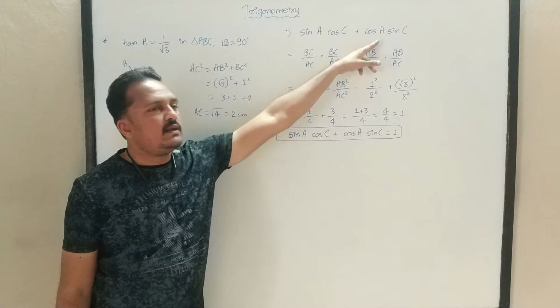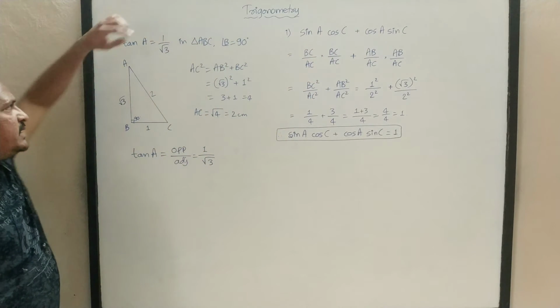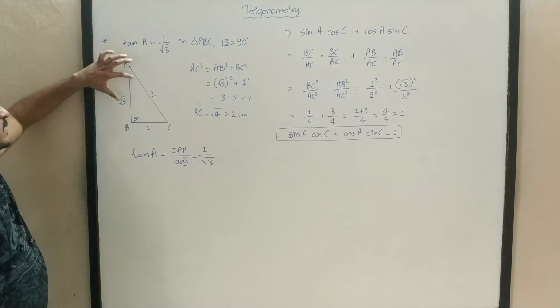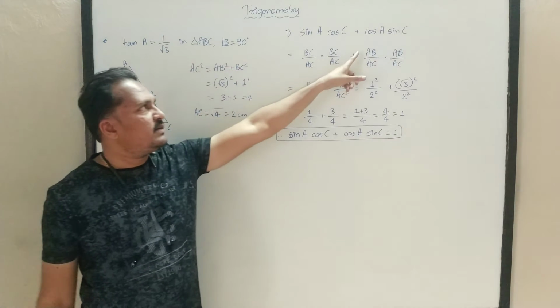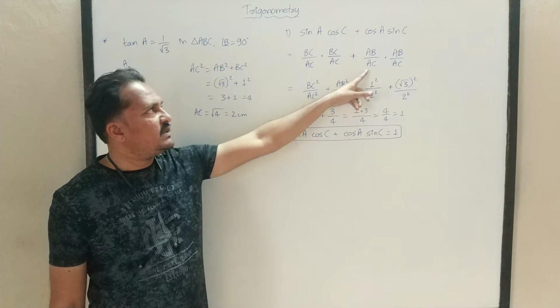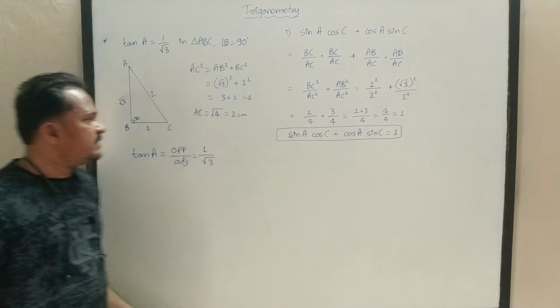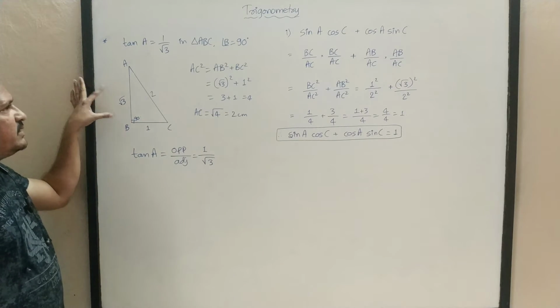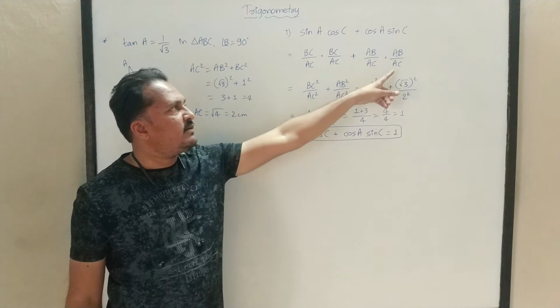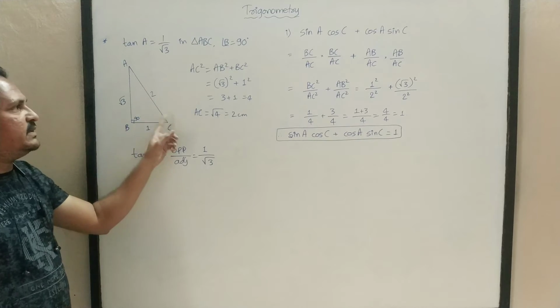Here cosine of angle A they have given. Then I am going to select angle A here. Then adjacent for this one is AB. So I am writing AB divided by hypotenuse AC. Then sine of angle C, this angle I have to consider. So opposite will be AB here. That is, I have written AB divided by hypotenuse AC.